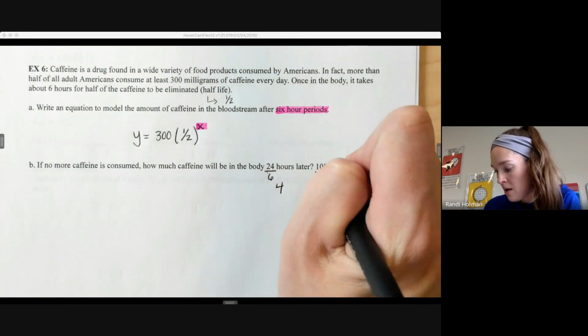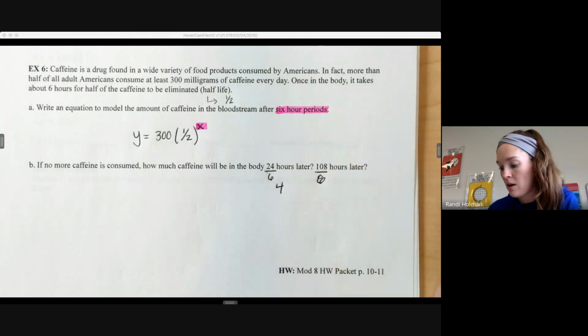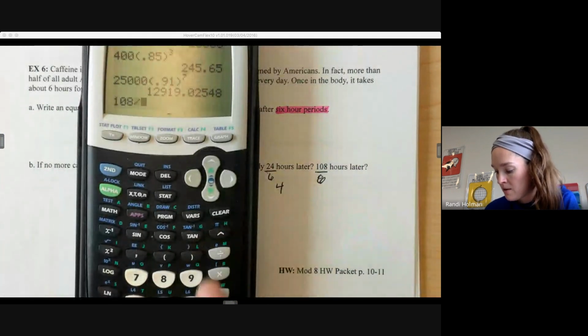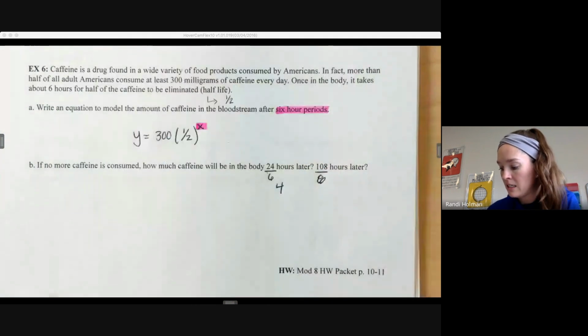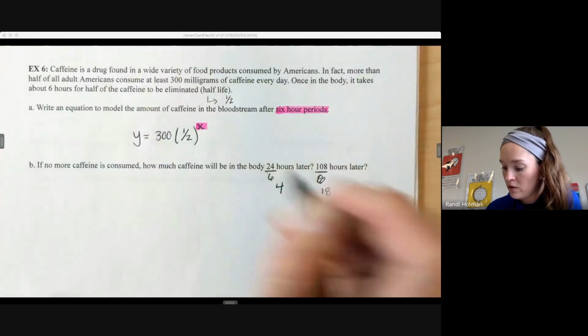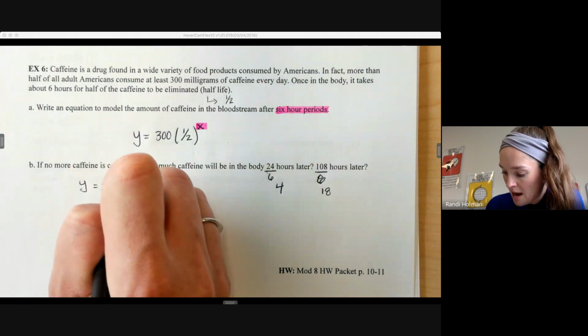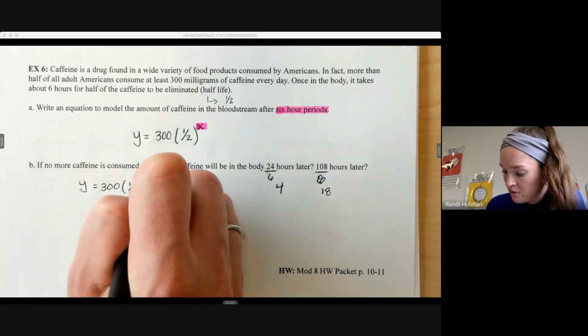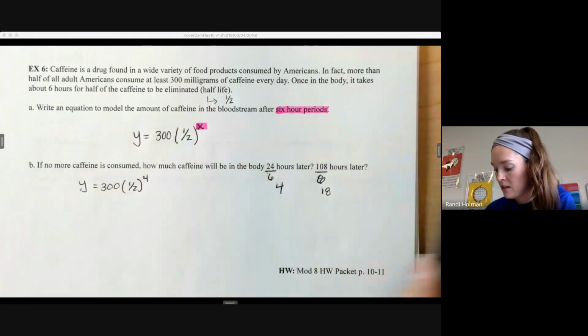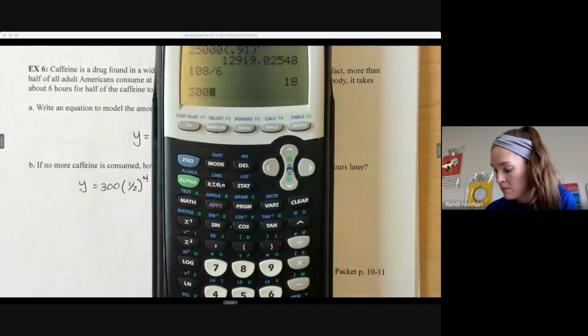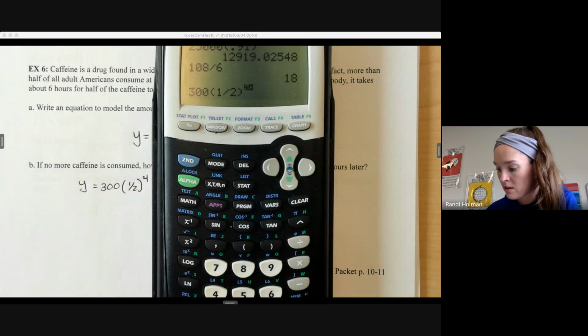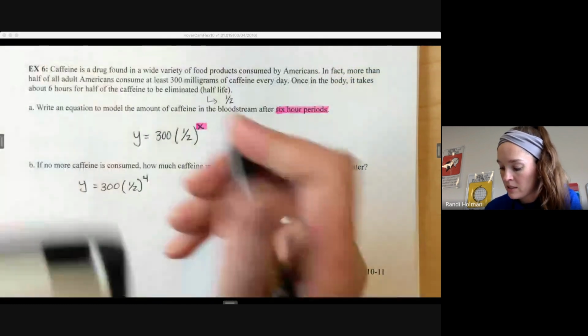Or 108 hours later, so let's divide that by 6. Don't know that one off the top of my head. We get 18 time periods there. So we're going to do 2 different calculations. First one, we're going to do how much is left after 4 of those 6-hour time periods. So 300 times 1/2 to the 4th is 18.75.